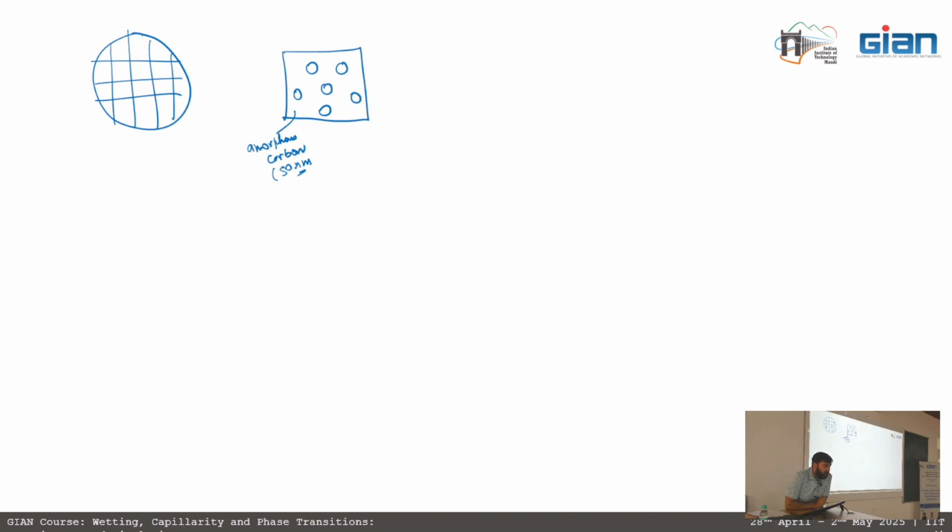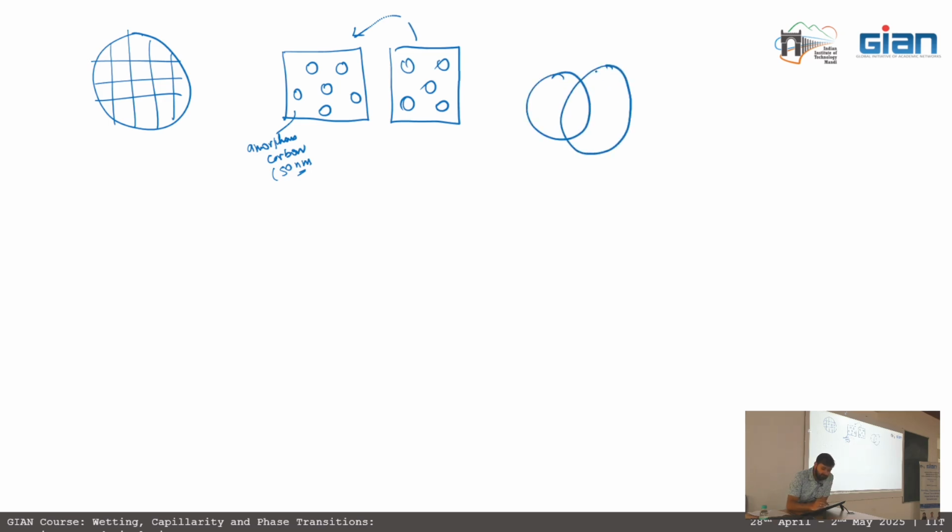Usually we observe the samples when we sandwich it. It means that we have two amorphous carbon films, and these two films must overlap each other. When I place this on top of this, maybe this is one hole, this is the other hole, and then we have suspended graphene on both these holes.